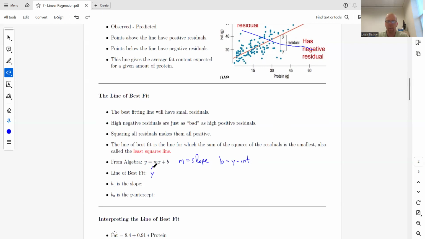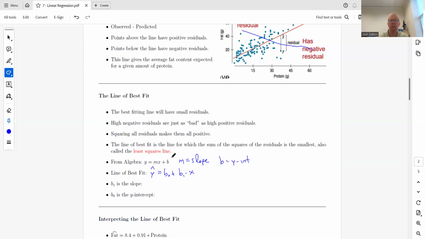We use y hat because we're trying to make a prediction of y, and then we write b subscript 0 plus b subscript 1 times x. So it is flipped: we have x in the second term of the regression equation, and x in the first term with the algebra equation. But obviously addition is commutative, so you can switch them around.